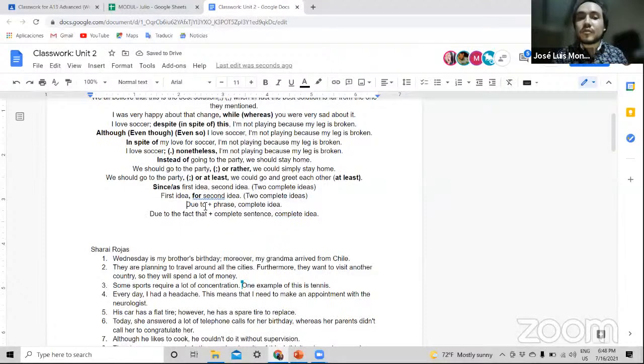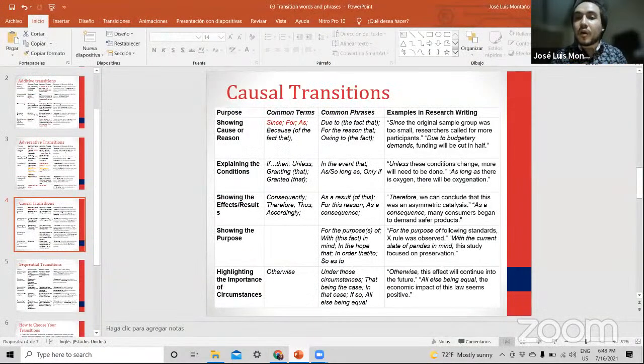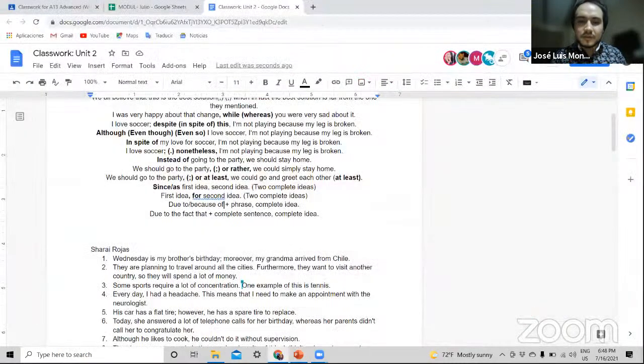You can do that with due to, you can do that with because of. It also works with because of. And this one is going to be applied with this second part that is owing to. Due to, owing to. There you go.